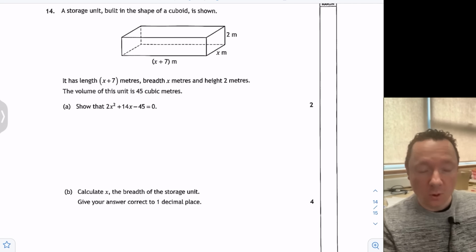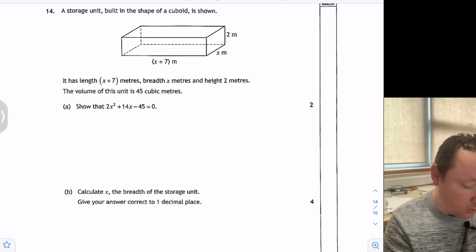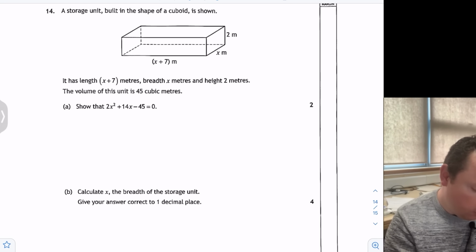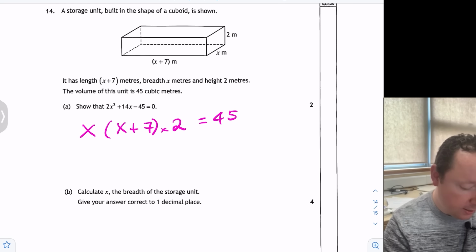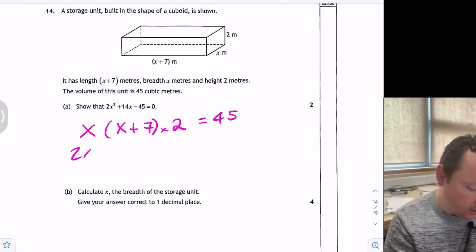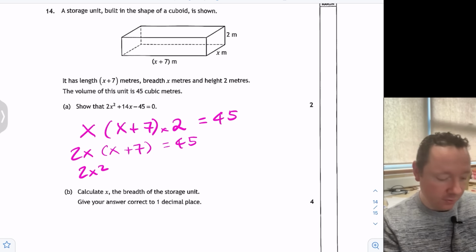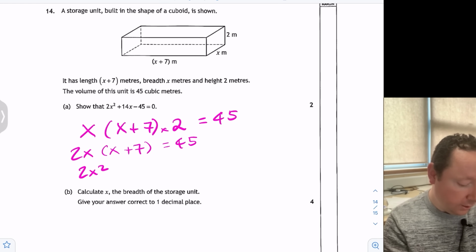So the volume of a cuboid, length times breadth times height. So let's just write that down. We've got x times x plus 7 times 2, and that equals 45. So expanding the brackets, we've got 2x times x plus 7 equals 45. 2x times x is 2x squared. 2x times 7 is 14x, and that equals 45.